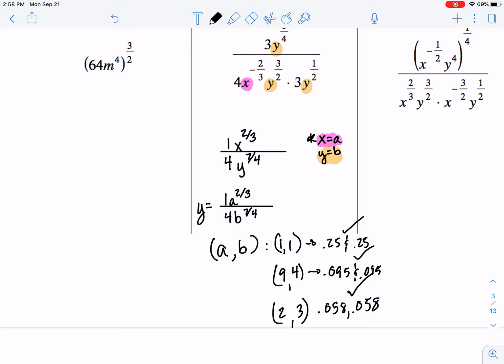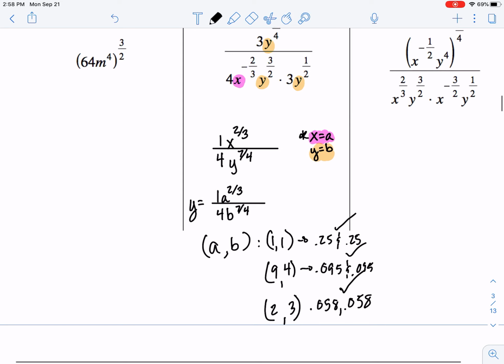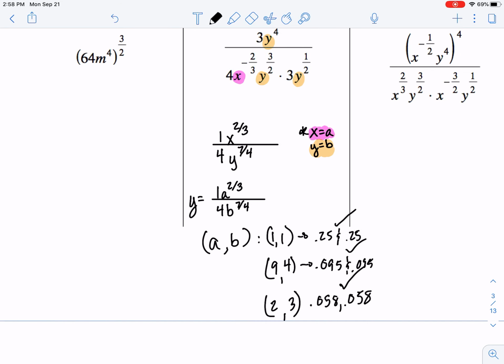If it's off by just a little bit, then the answer is wrong. Okay, so to highlight that, when you have multiple variables, if you're given x, y, just use AB. If you're given x, y, z, use ABC. Okay, and always choose 3 random points, 3 random values that are positive for each variable.